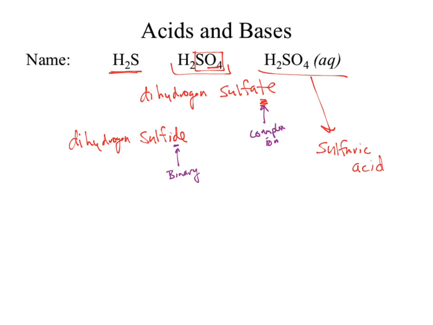So what makes an acid? If we look at those three names, and in fact we could even compare the middle one, because the middle one's the most similar, what do all three of those have, and why is only the last one called acid? We need the AQ, but I could take sodium chloride and dissolve that in water. If I took sodium chloride and dissolved it in water, it would be NaCl dissolved in water, AQ. So sodium chloride is an acid? No. What else do I need?